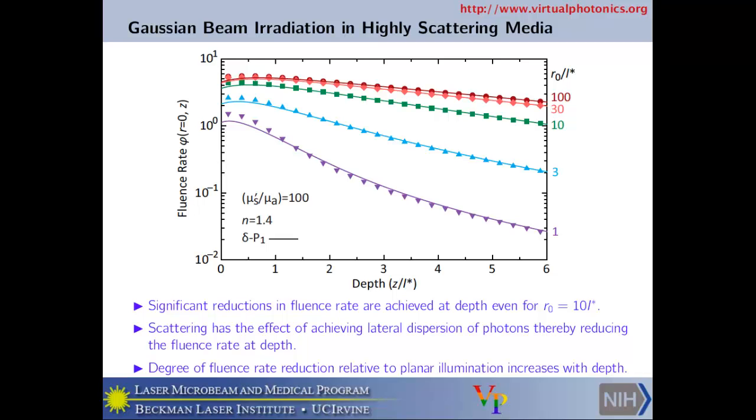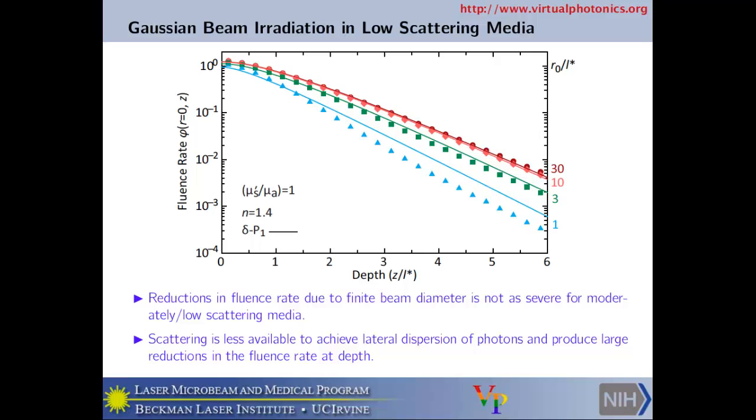If you look at a case where you have much stronger absorption, say mu s prime over mu a of 1, you see that there's not as much drop in the penetration with reductions in beam diameter. And that's because there's just not a lot of scattering. Photons are more likely just to go straight and get absorbed rather than to undergo scattering. So there's not a lot of lateral dispersion due to scattering, or not as much at least.